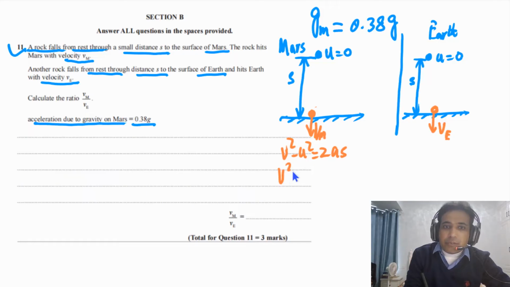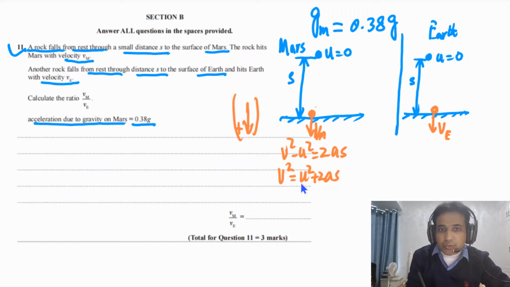So v squared is equal to u squared plus 2as, and in this case we are taking downwards as positive. u is equal to 0. So v is the square root of 2 times gm times s, and gm is equal to 0.38 times g, so vm is the square root of 2 times 0.38 times g times s.